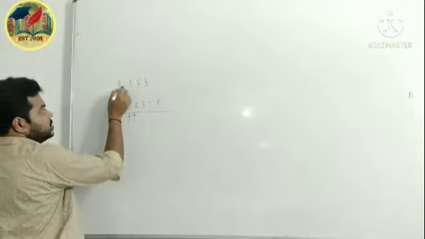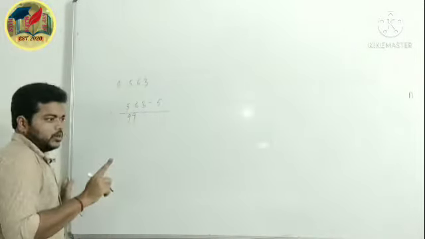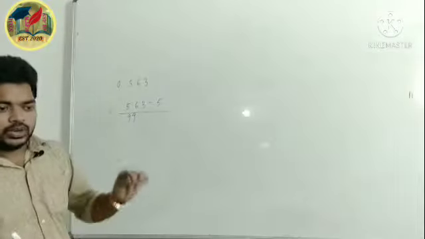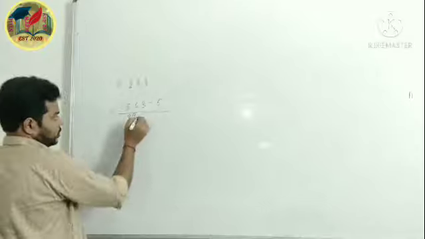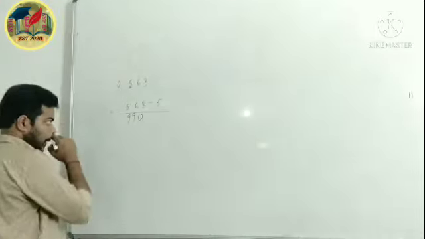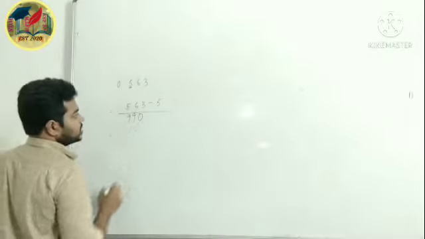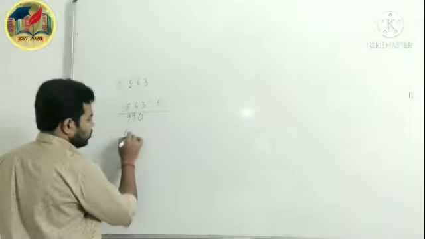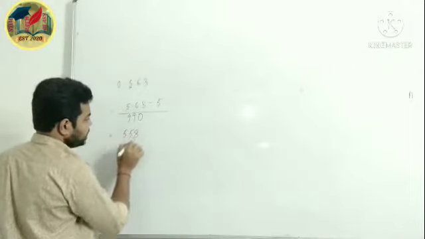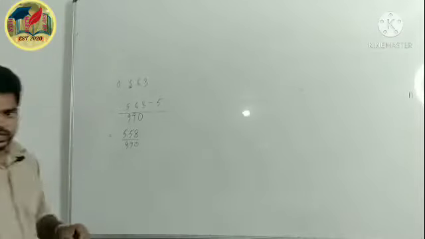So after decimal, number of non-recurring digits? Only one number is there after decimal which have no recurring, 5. So we place here 10. Clear? So this equal to 563 minus 5, that is 558 by 990, and we transfer it to lowest form. Clear?